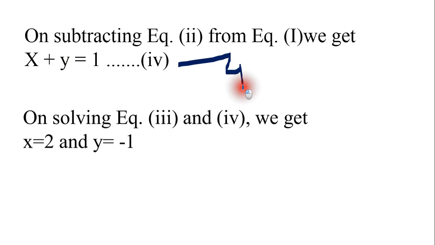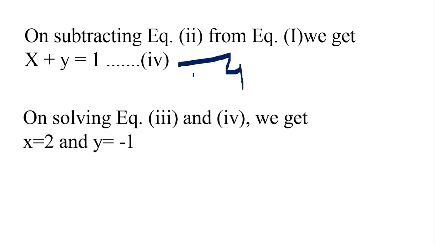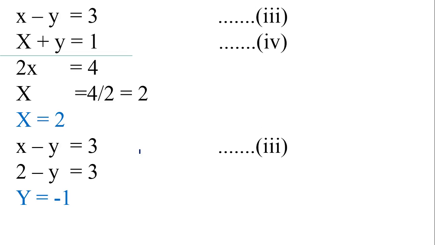Now on solving equations 3 and 4: x minus y is equal to 3 is the third equation, and this is the fourth equation we got after subtracting. On solving them, we get x equal to 2 and y equal to minus 1. How? If you add these, the y terms cancel because one is minus and the other is plus, so 2x is equal to 4 and x is equal to 2.